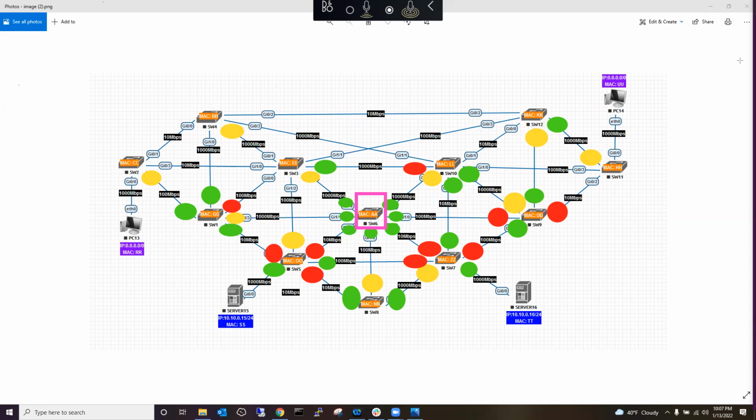Going from switch 3 to switch 6 is much faster, it has the best cost, and from switch 12 to switch 6 the cost is 12, I think. Between switch 12 and 9 is 4. Between that and 10 is another 4. Then to the root bridge itself is another 4, making 12. Just 12, yeah.